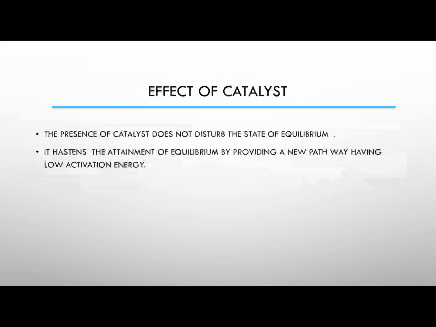There are many types of catalyst: positive catalyst, negative catalyst, auto catalyst, induced catalyst. The presence of a catalyst does not disturb the state of equilibrium. It only hastens the attainment of equilibrium by providing a new pathway having low activation energy.